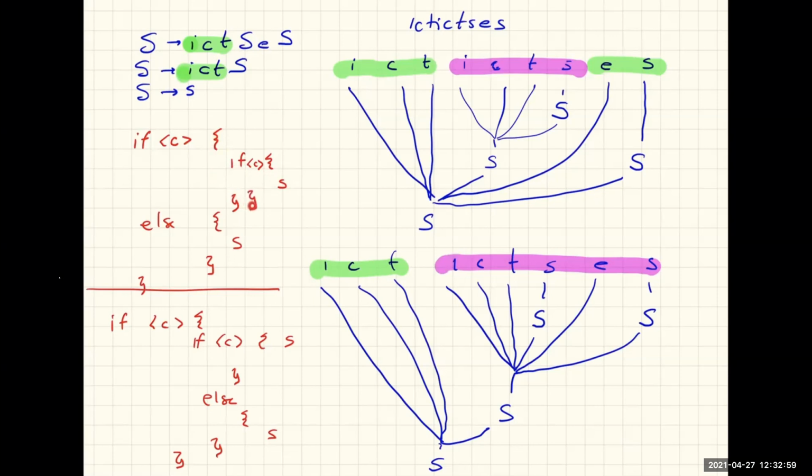Open, close, then else. Okay, now I think it's solved.